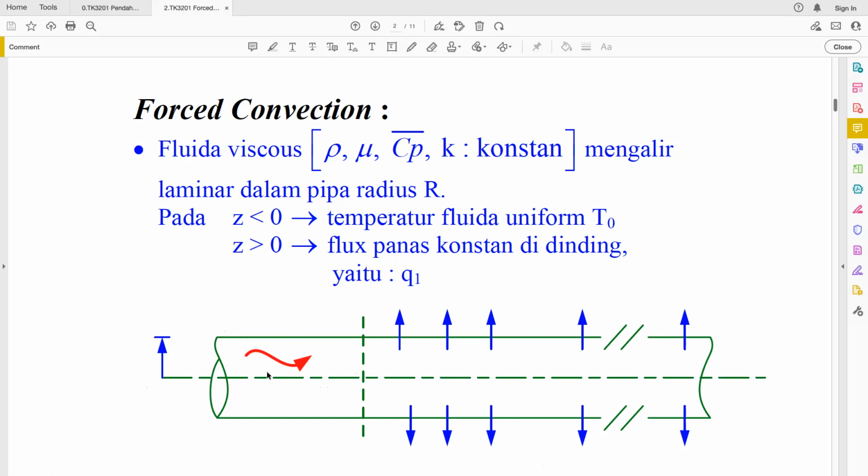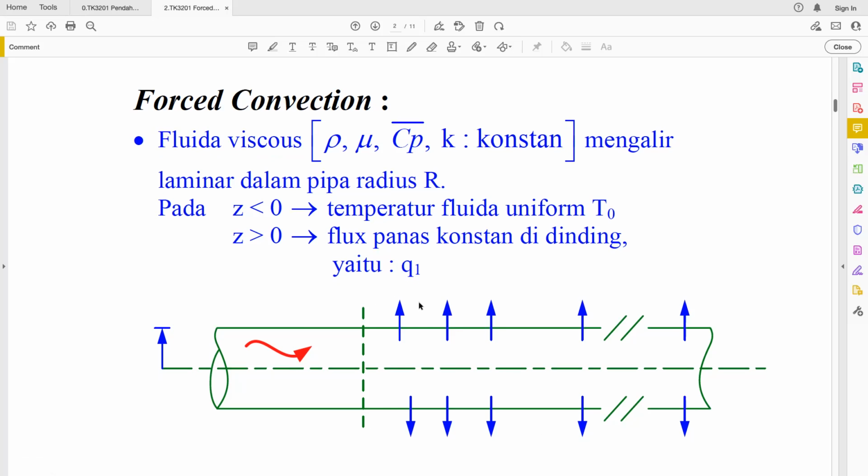When it is traveling along this length z, there is a constant heat flux. So it can be heated up or cooled down, maybe with cooling water. An example would be the double pipe heat exchanger.